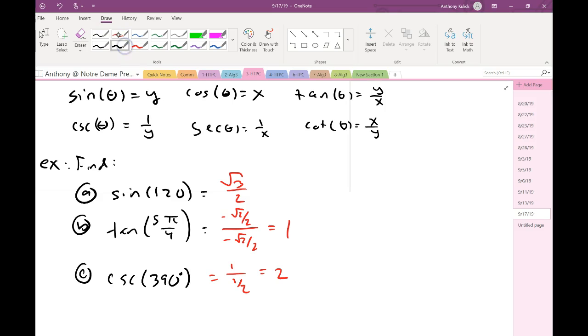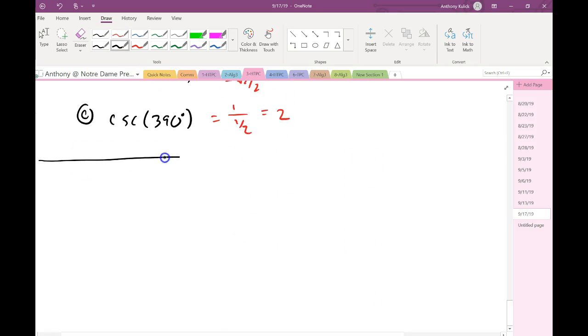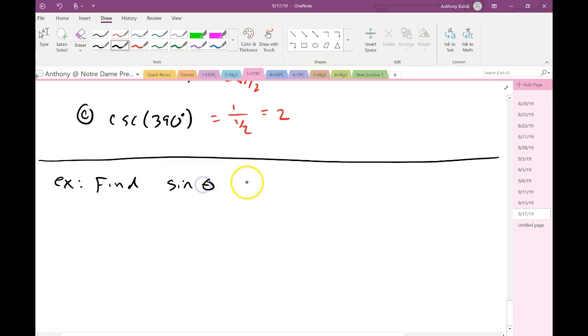So let's do another example. So let's do this problem. We're asked to find the value of sine theta if we know that cosine of theta is 5 over 7 and that cotangent of theta is negative.